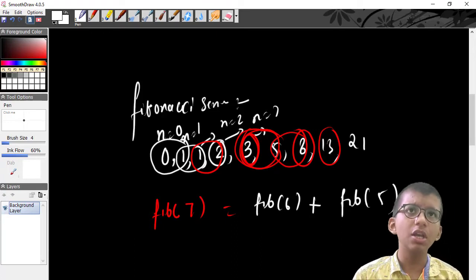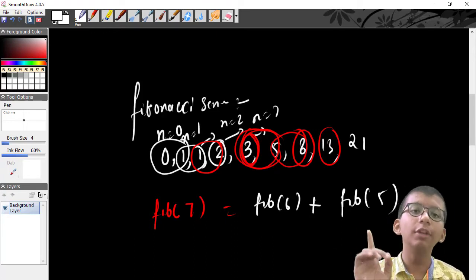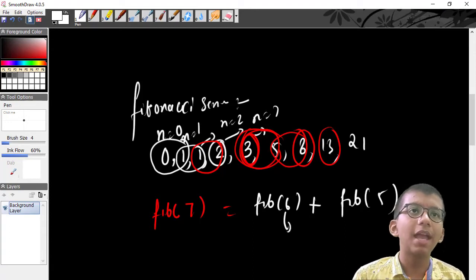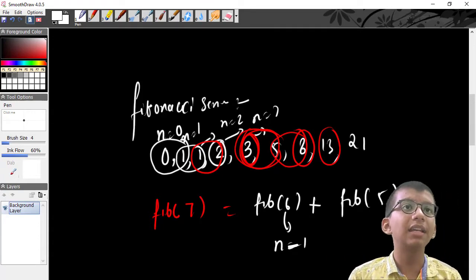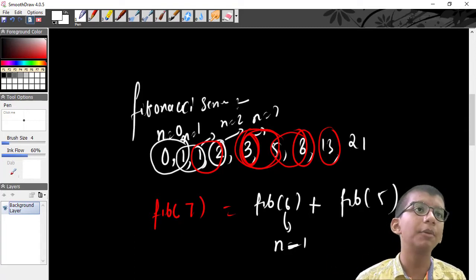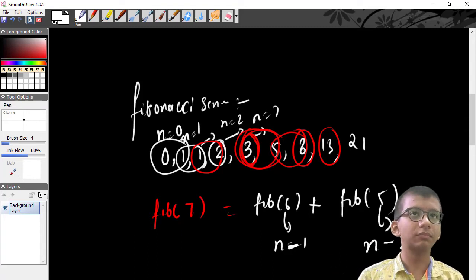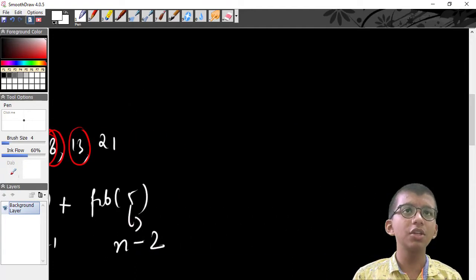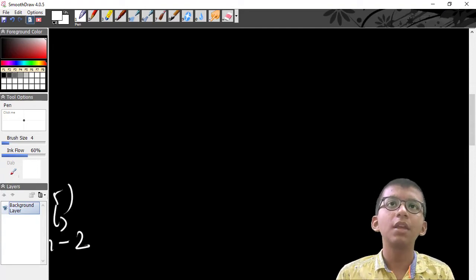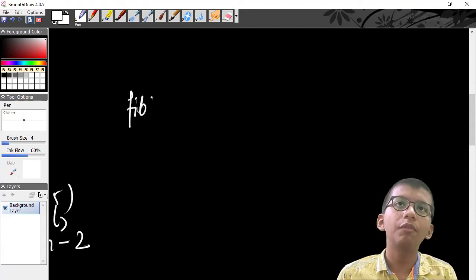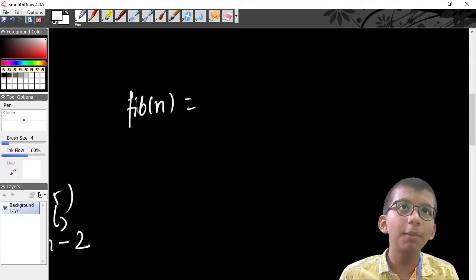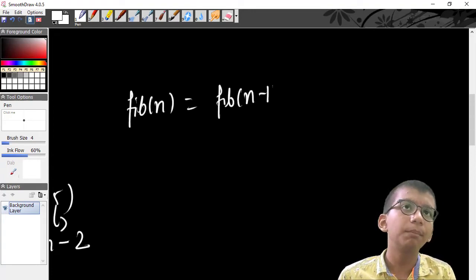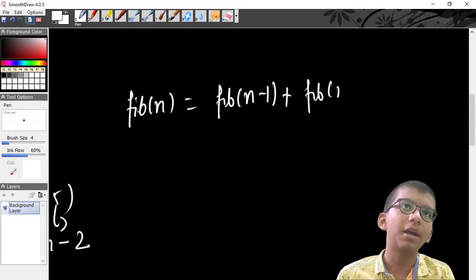Fibonacci of 7 is equal to Fibonacci of n minus 1 plus the other number, which is Fibonacci of n minus 2. So we can write one notation: Fibonacci of n equals Fibonacci of n minus 1 plus Fibonacci of n minus 2.